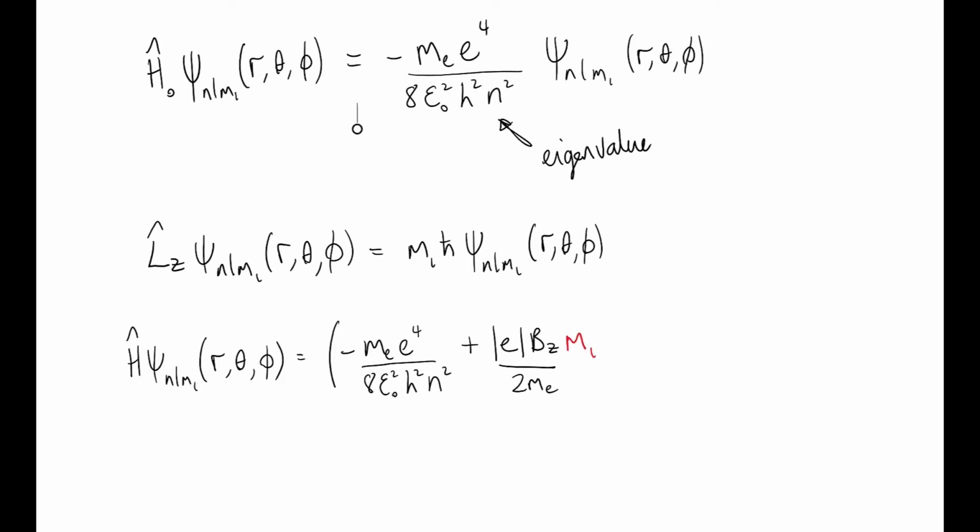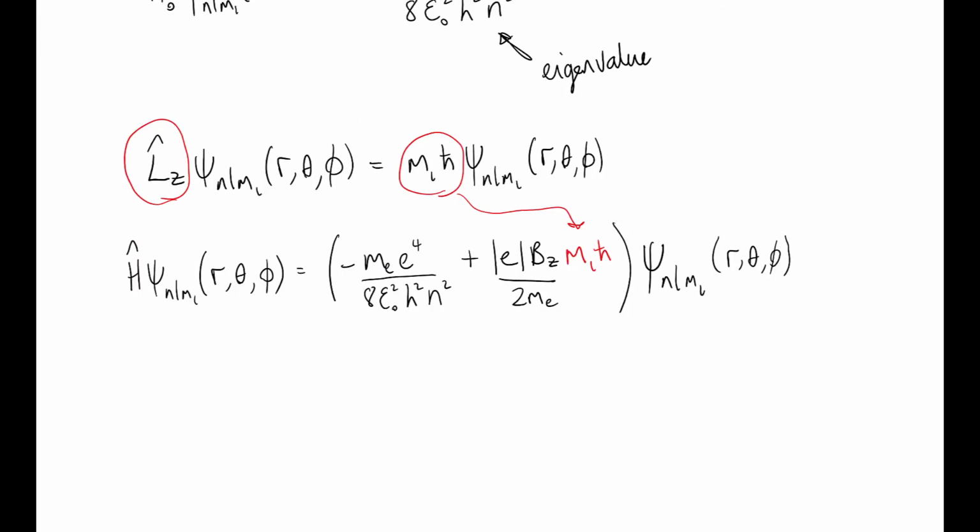So now I'm highlighting in red the piece that comes from the operator equation in the previous line. And what this means is that we have a new eigenvalue. In other words, the energy of that state, the energy of that hydrogen atom while in this magnetic field, is exactly this eigenvalue.